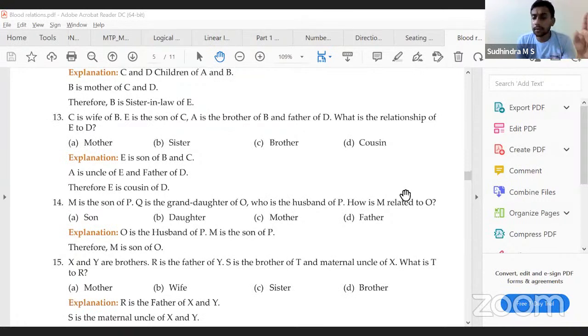Again, in seating arrangements, directions, and blood relations, visualize, write down those relationships that they have given, write down those arrangements that they have given and directions that they have given, so that it becomes easy for you. And in case of odd man out, it is easy. Coding and decoding becomes easy. With regard to pattern identifying, alphabet, reasonably it will be easy if we know the order. But numbers, sometimes it might be a little tricky.